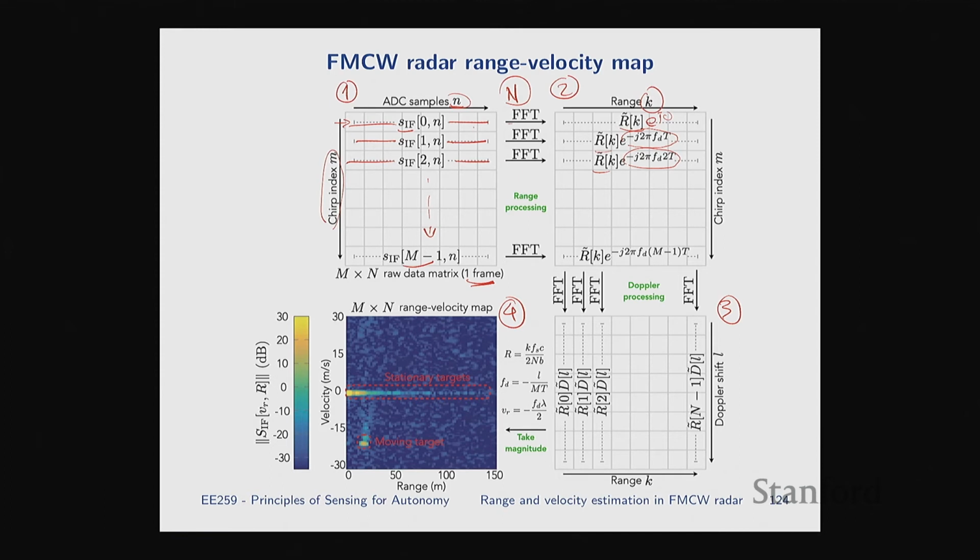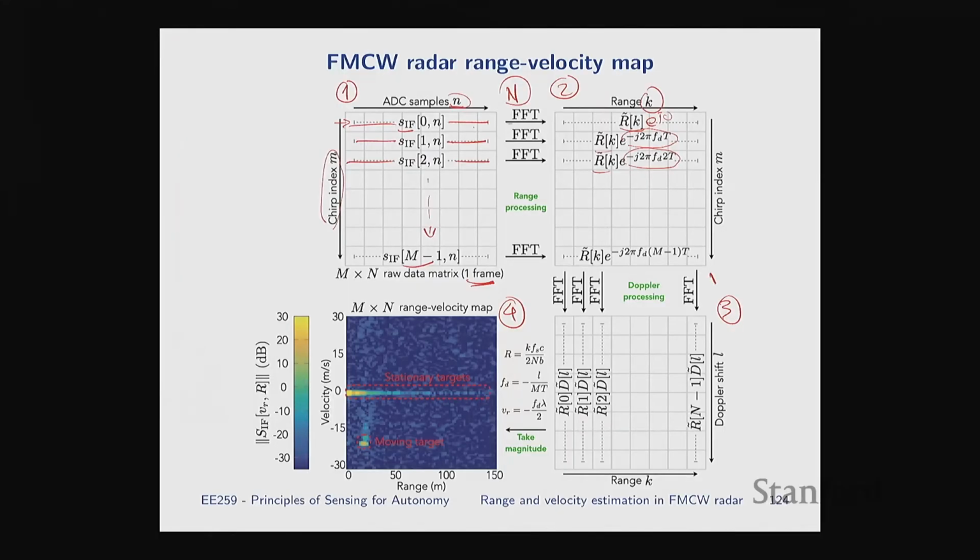For Doppler processing, you take FFTs of every column. This is going to be an M-point FFT because you have M points. And remember, every cell here is one ADC sample, just one complex number. That's our data matrix, basically. When you FFT the columns, that converts your chirp index to a Doppler shift index, L. That's why after the FFT we call it D tilde[L].